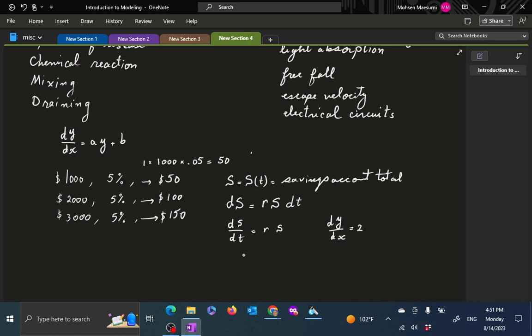Let's suppose this is 2. So dy dx is 2y. So we translated from this meaningful set of letters that was savings account, time, interest rate. We wrote it in a generically mathematical way where none of the letters mean anything.